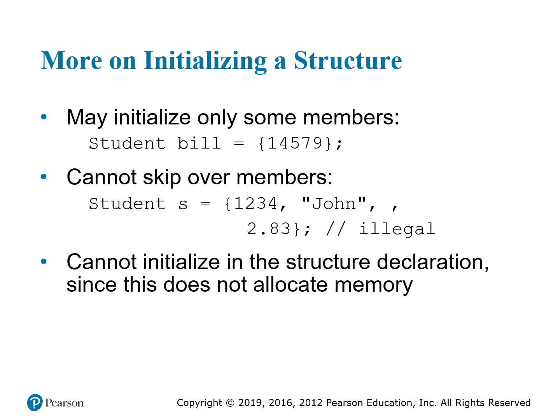You can initialize only the first member or only the first two members. You cannot skip over one in the middle and then initialize the last one. If we're going to do this, we have to provide a year in school. So if we don't know what it is, we can just put a 0 here and come back and fix it later.